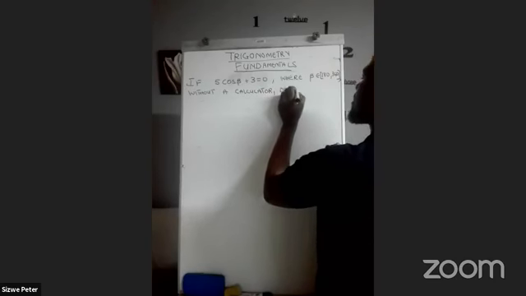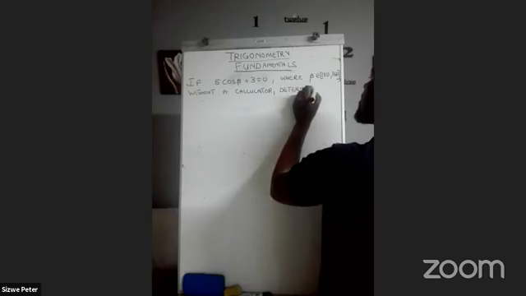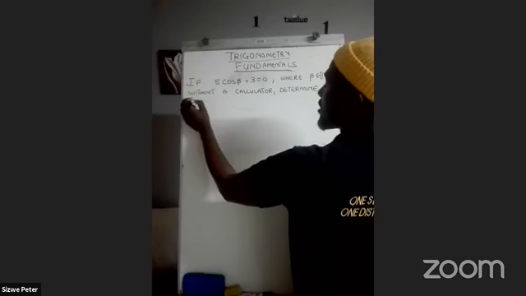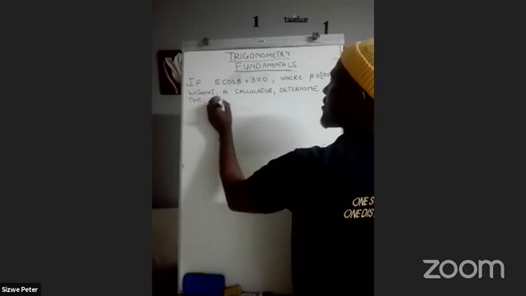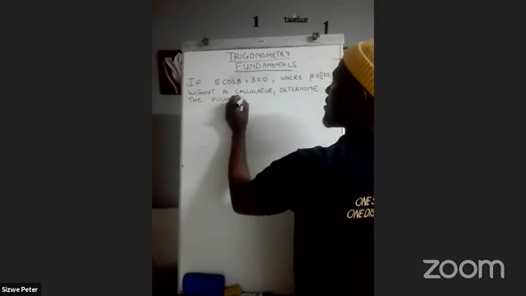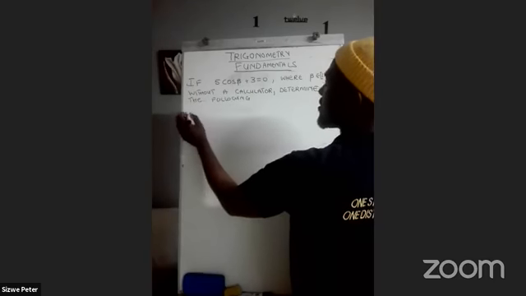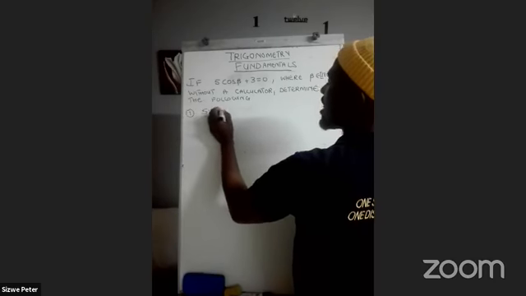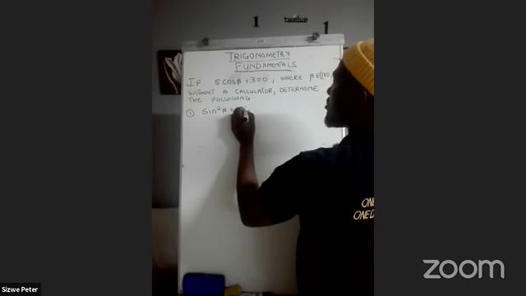Determine the following. Number 1: sine squared beta plus cos squared beta.